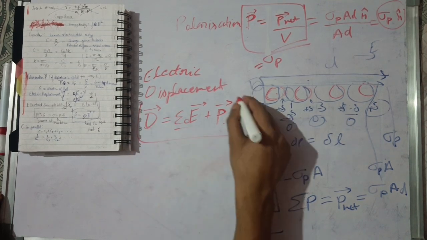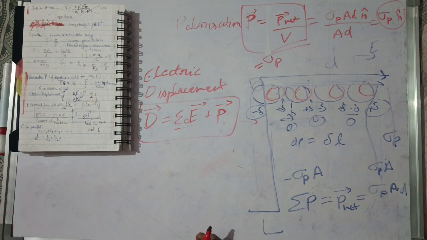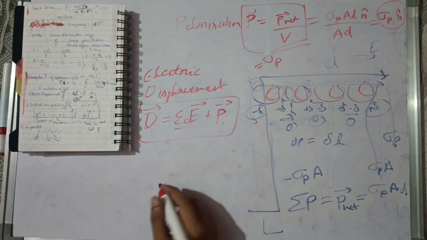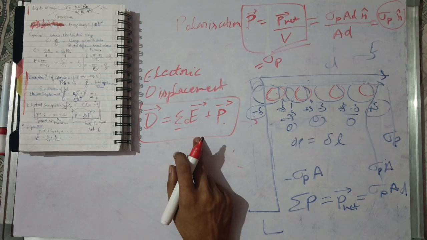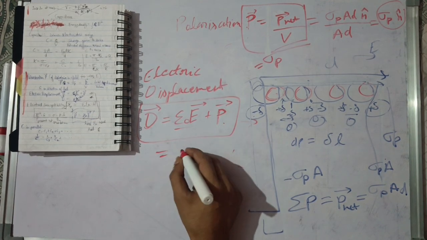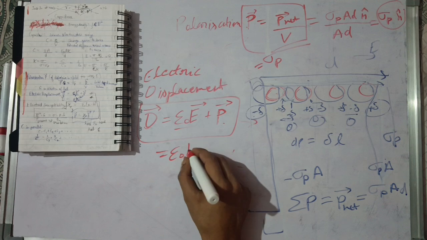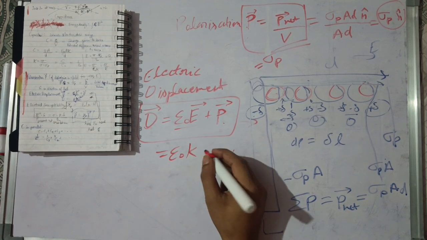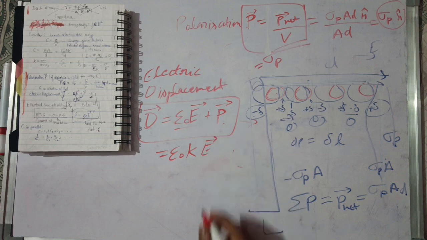This is the formula of the electric displacement vector, and this can be written as epsilon naught into K into E vector.